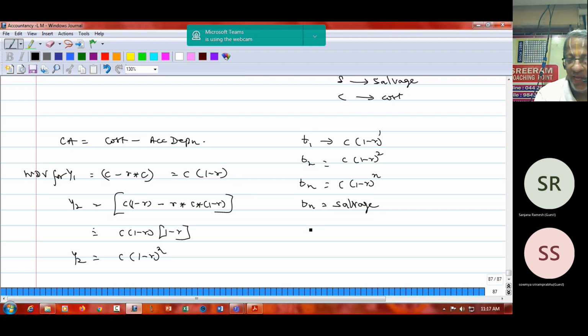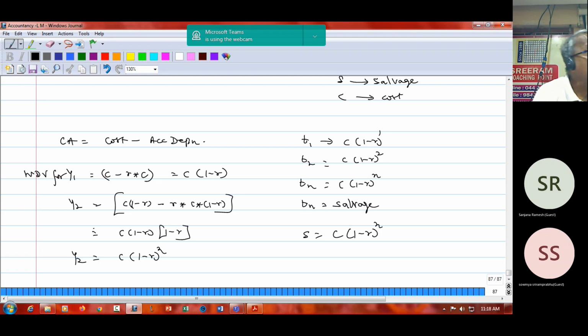That is going to be your carrying amount. Correct? S equal to C into 1 minus R to the power n. Agreed? Yes, sir. Are you clear?